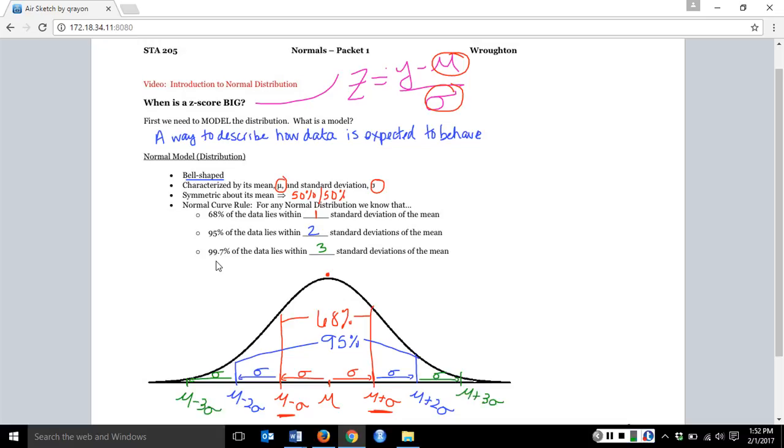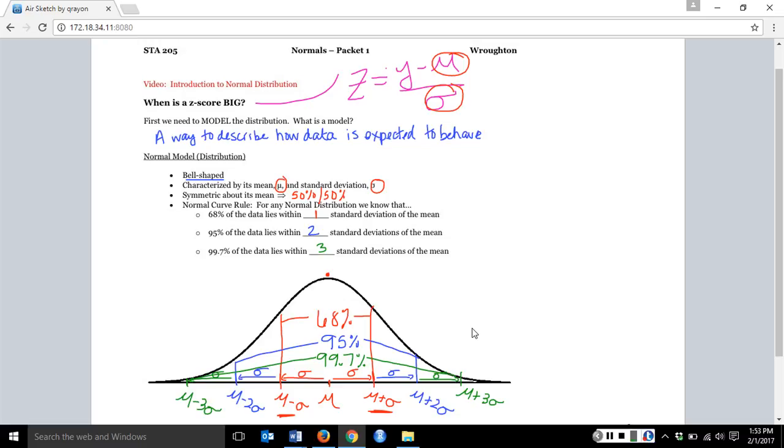This will be the mean plus three standard deviations. And if I do that, we're going to get 99.7% of my data. From this picture, if I look at just where my green lines are, between here and here is almost all of my data. There's going to be 0.3% left over that falls out on either side of my picture.